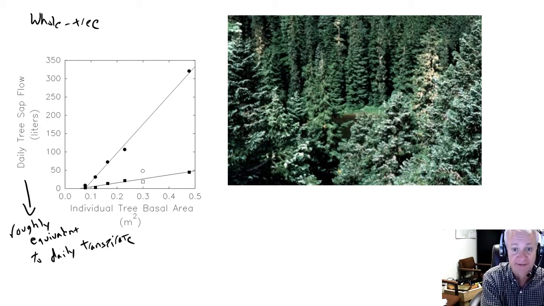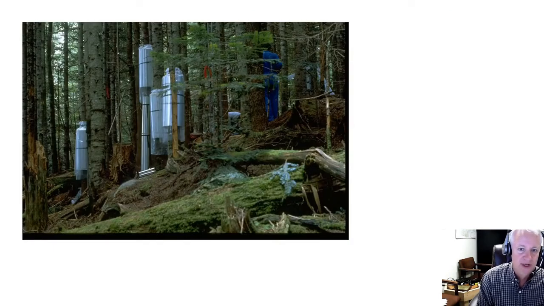These particular data are from my dissertation work, and there's a picture of the basin where this was taken. This is in Pacific silver fir, Abies amabilis, in the Cedar River watershed, which is the watershed for the city of Seattle. We used instruments that are inserted into tree stems called sap flow gauges.